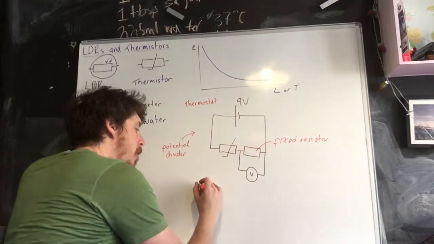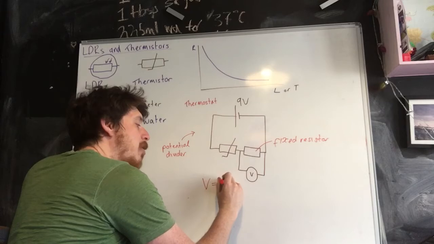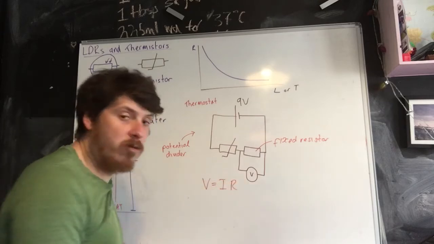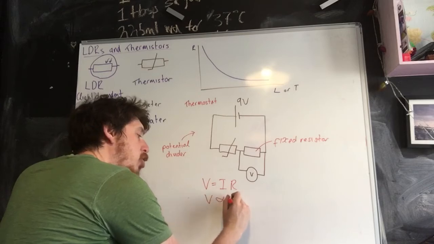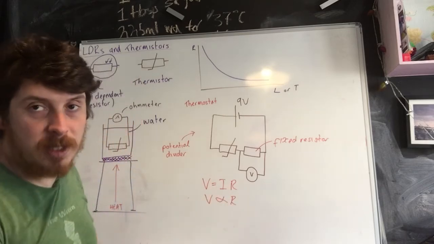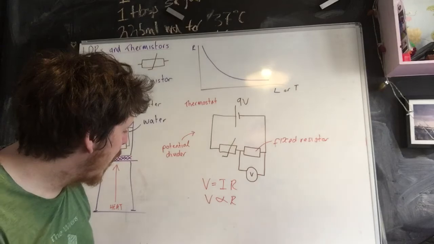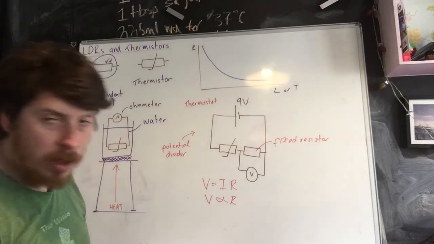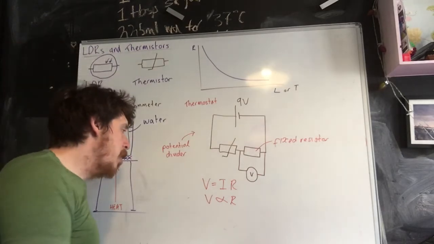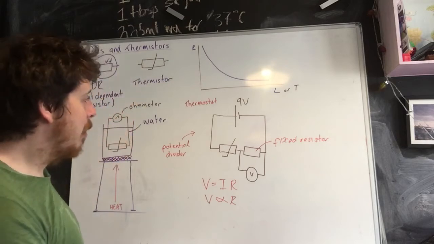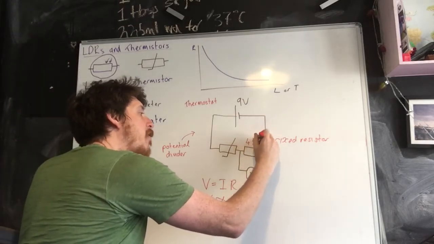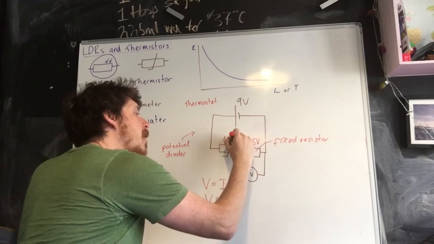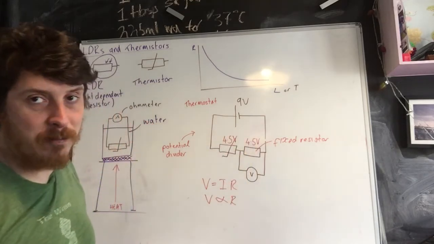Now we know that voltage equals current times resistance, which means that voltage is proportional to resistance. So if the resistance goes up, then the voltage will also go up. Let's say that this has an equal share of voltage across the two.